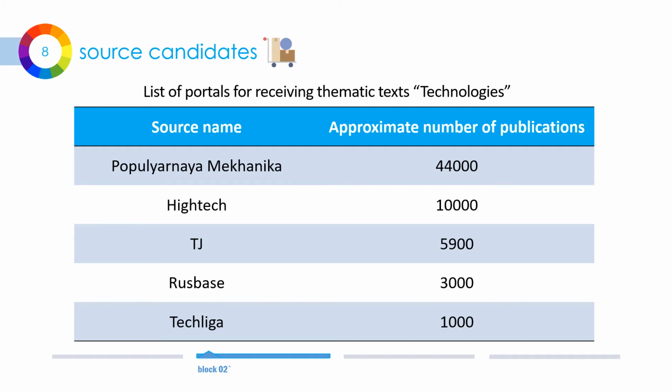So we decided to split them into three big groups that can be described by the words technologies, cryptocurrencies, and machine learning. Now you can see the slide with source names and the approximate number of publications for the topic technologies.